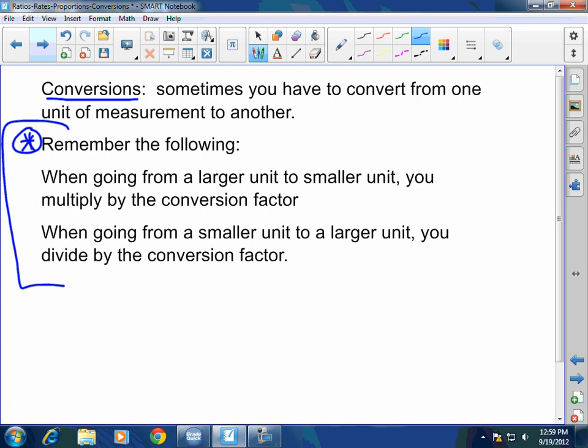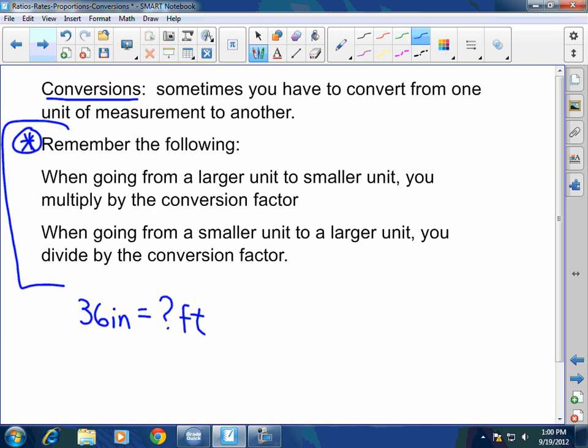For example, if I give you 36 inches equals how many feet? First of all, am I going from small to large or large to small? Small to large. So am I going to multiply or divide? It's right there in front of you on the screen.